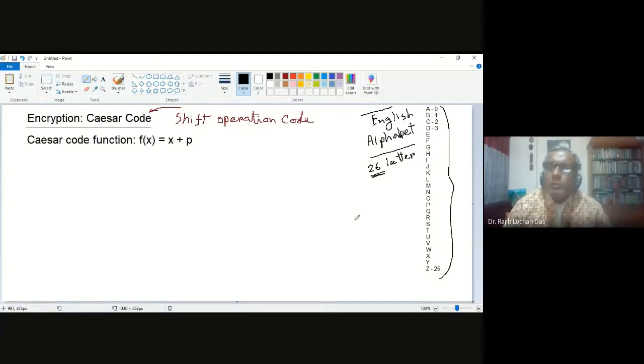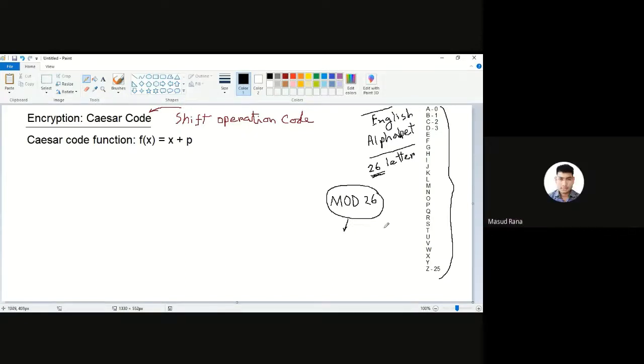Because we will apply the calculation mod 26. If we apply the mod 26 calculation, then the remainders are these numbers.